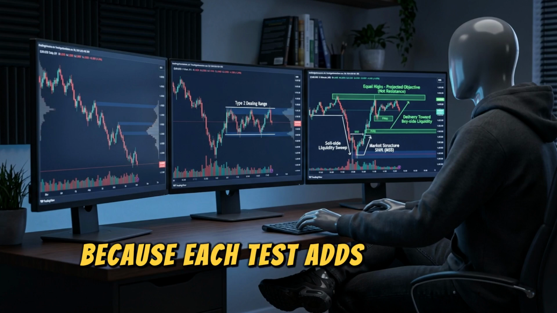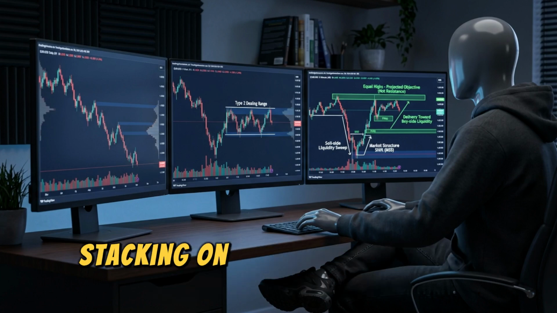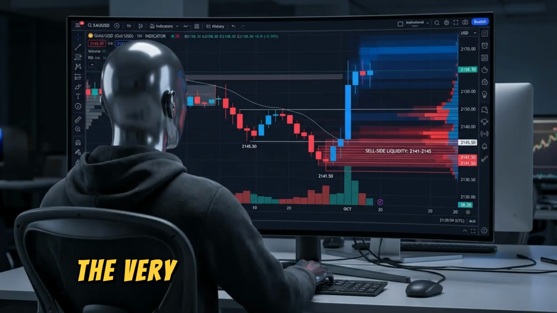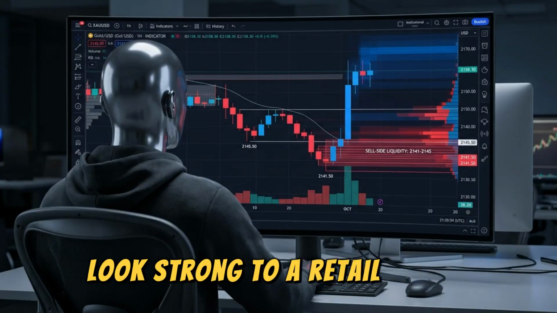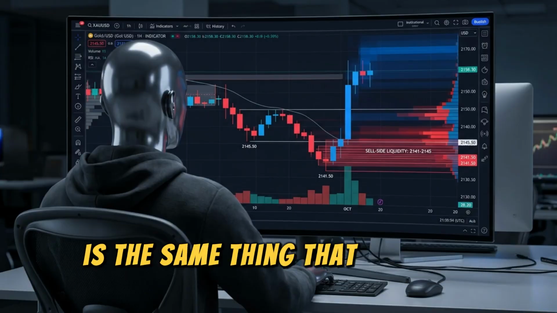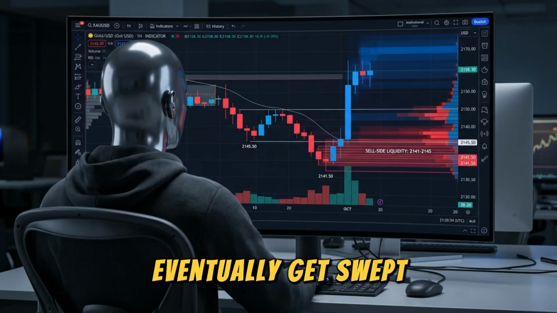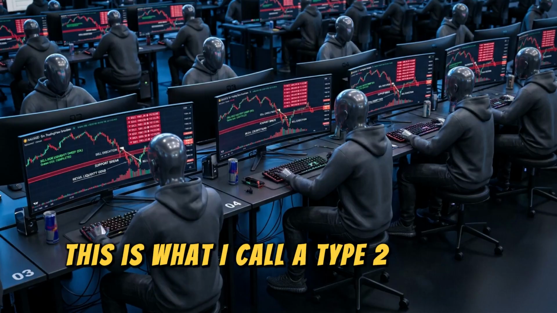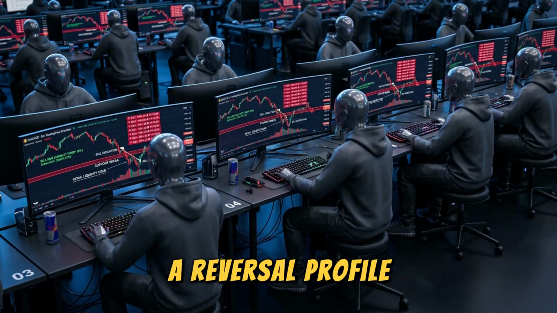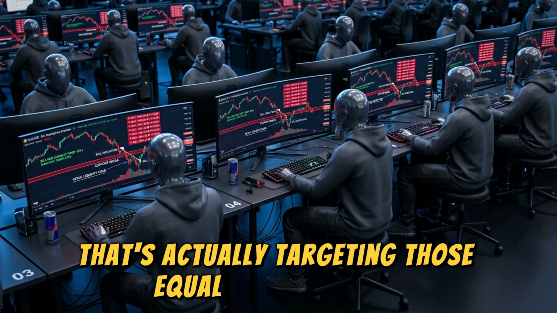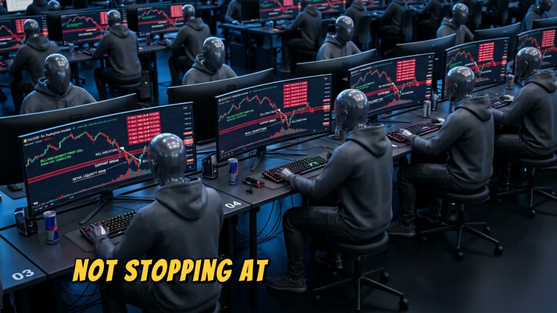Because each test adds another layer of stop losses stacking on top of the previous ones. The very thing that makes a level look strong to a retail trader is the same thing that makes it more likely to eventually get swept. This is what I call a Type 2 dealing range. A reversal profile that's actually targeting those equal highs or lows, not stopping at them.